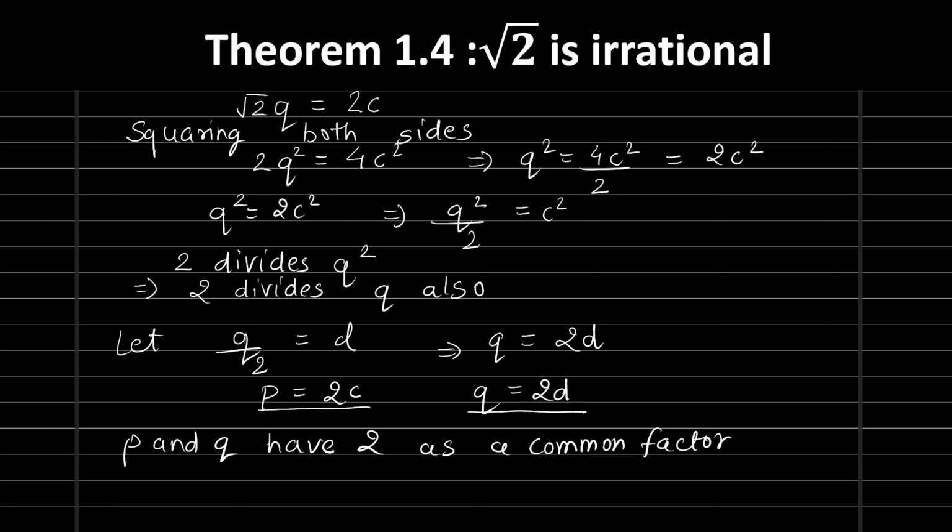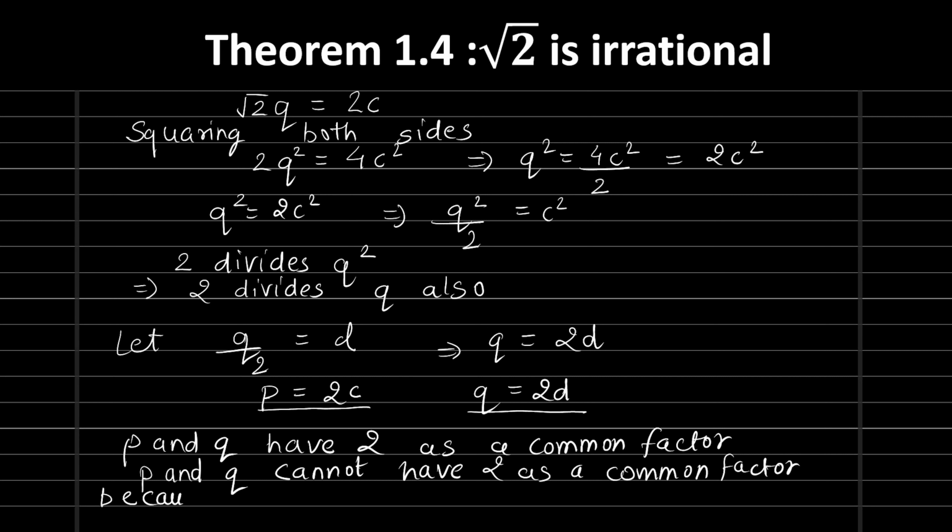But here, as a result, we got that p and q are having 2 as a common factor, which implies that p and q cannot have 2 as a common factor, because according to our assumption, p and q are co-primes, right?